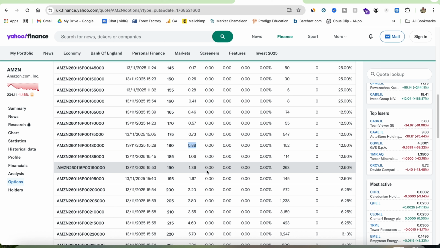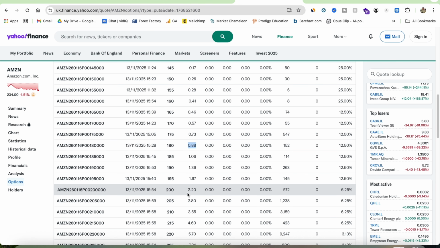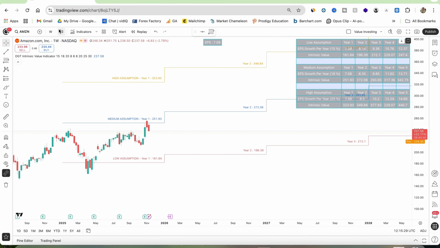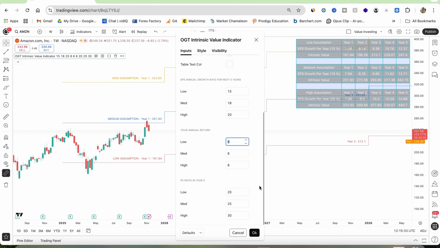My point being is that I'm utilizing the premium to buy shares in a stable company, a company that is fundamentally strong and is getting closer to my assumptions. I said I was going to have a quick look at what happens if we put the margin of safety to 0, right? And this is going to push the lines up.